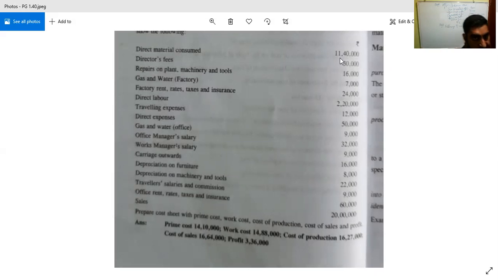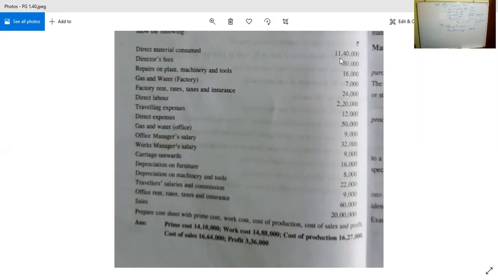Direct material already taken, director's fee office, repairs on plant and machinery already gone, gas and water factory taken already, factory rent, rates, taxes and insurance taken already, direct labor taken. Traveling expenses, that is the item in selling. How much is the amount? 12,000.